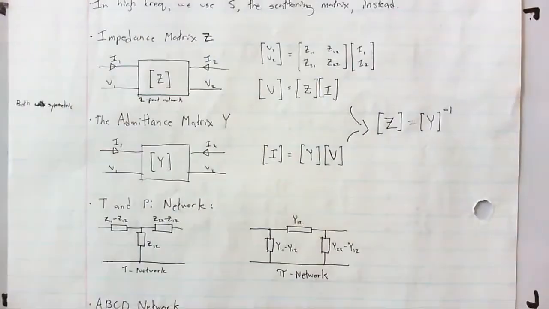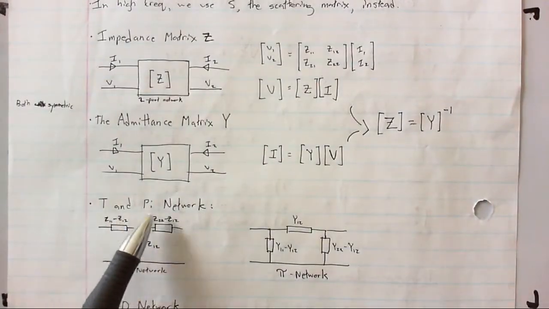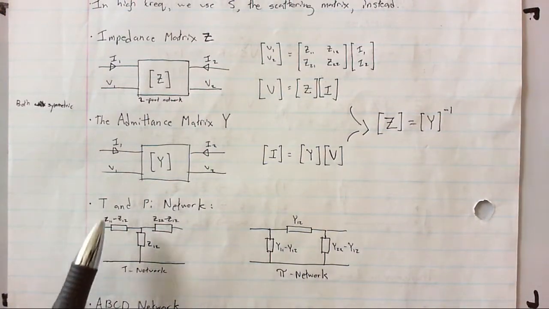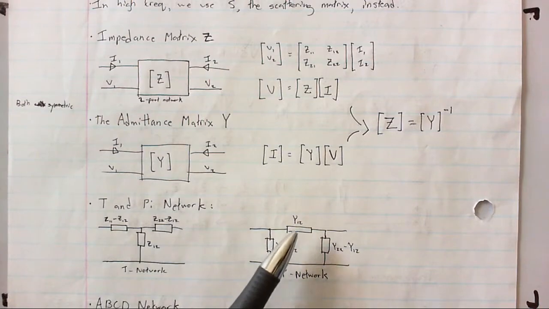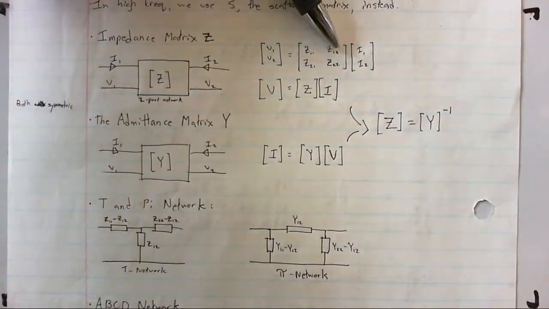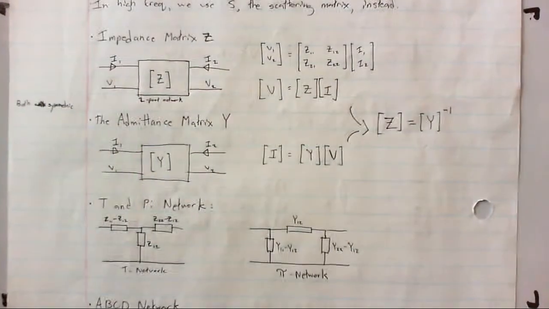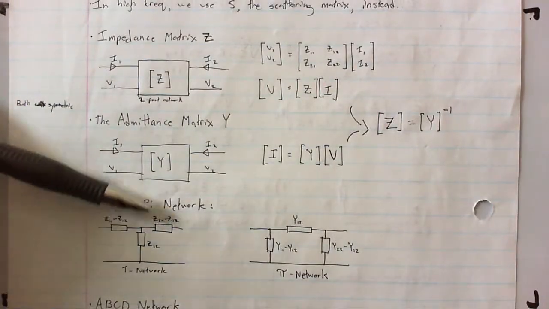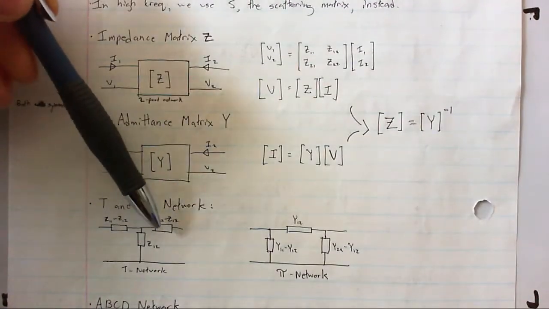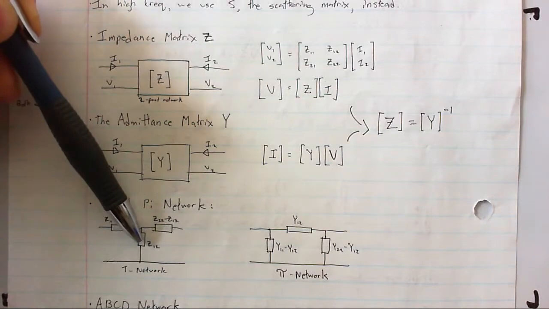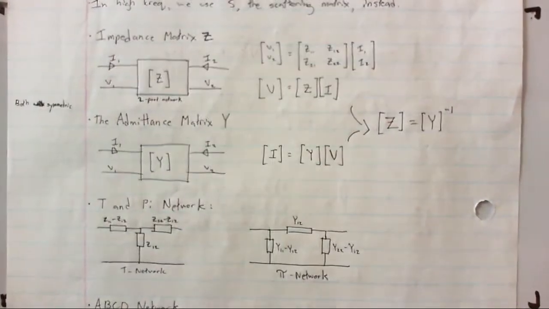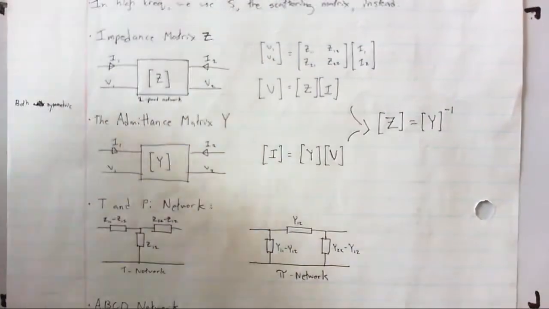So if you can model your two-port network as either a T network or a pi network, you can then solve for your variables here. If you've got your matrix, Z11, Z12, Z21, and Z22, and you've got your T network or your pi network, and you represent it in this fashion, where you've got a series, a shunt, and a series element, or a shunt, series, and shunt element, you can take those values and pop them into your matrices.